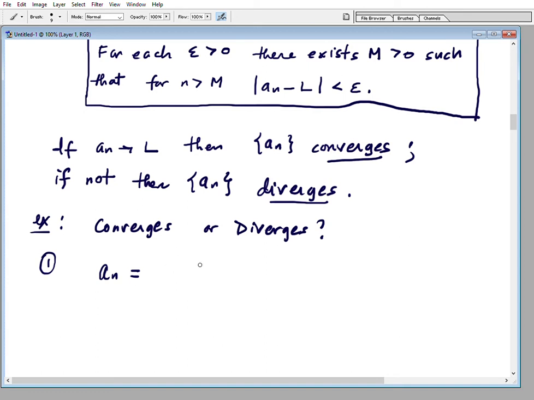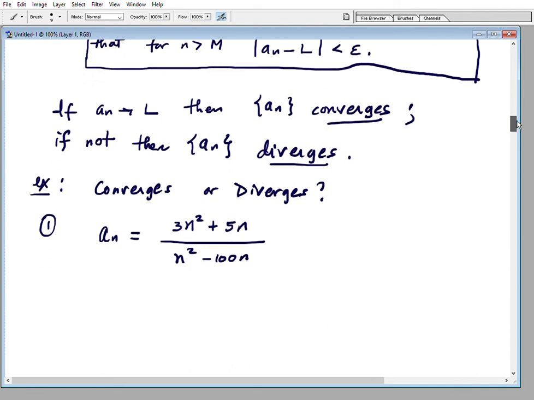Okay, so here's one example. Let me make it 3n squared. Okay, so we want to know, does this converge or diverge, or what's the limit as n goes to infinity?